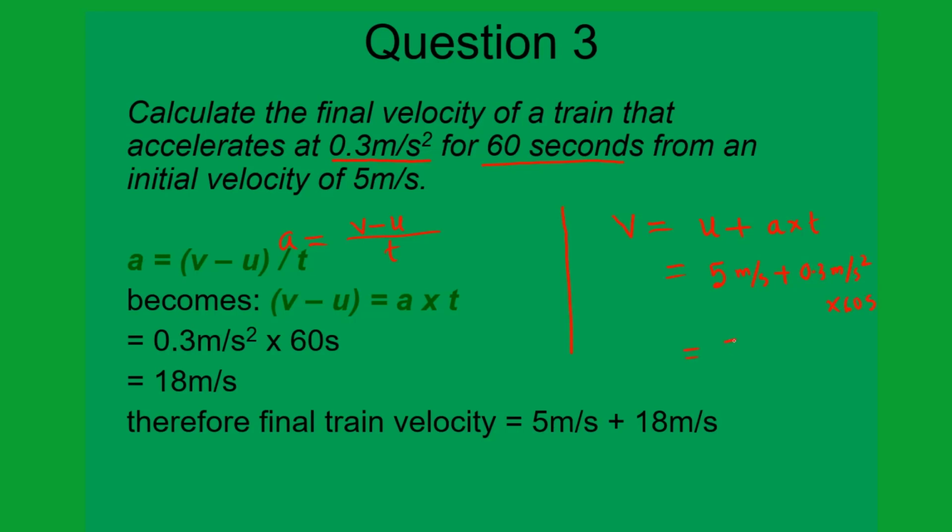So we can write 5 meter per second plus 18 meter per second. So 5 plus 18, 23 meter per second will be the final velocity of the train after 60 seconds. So 23 is the final velocity.